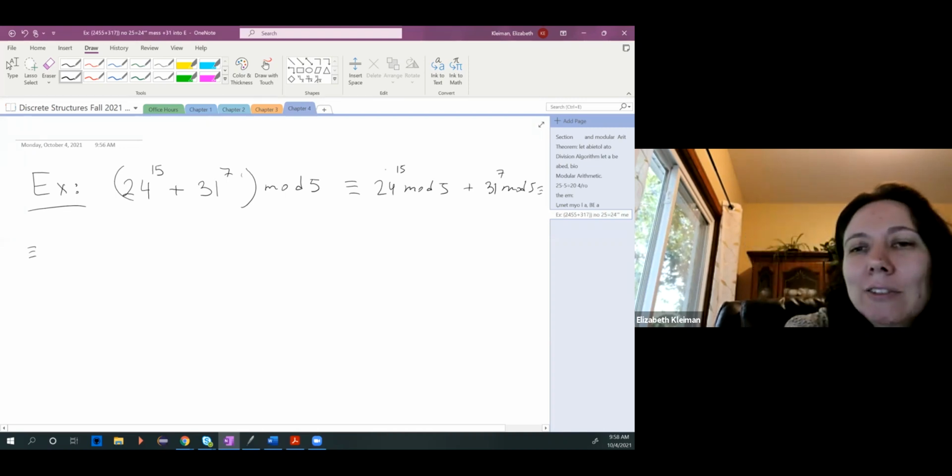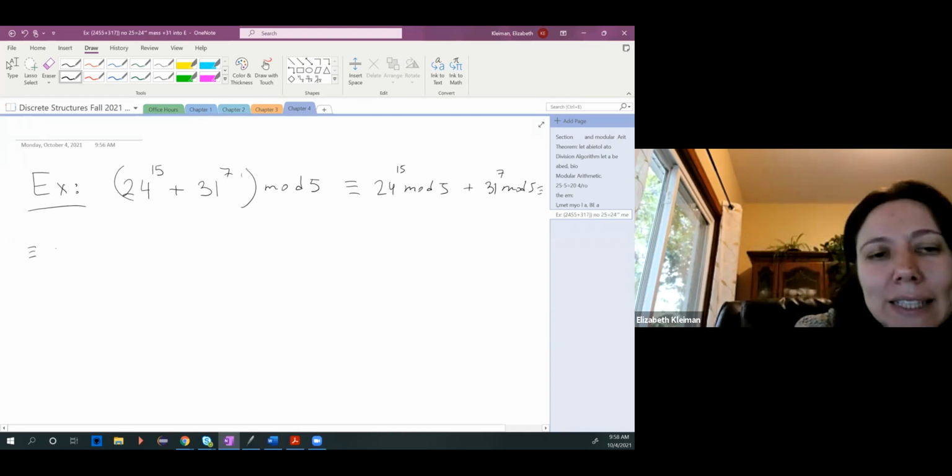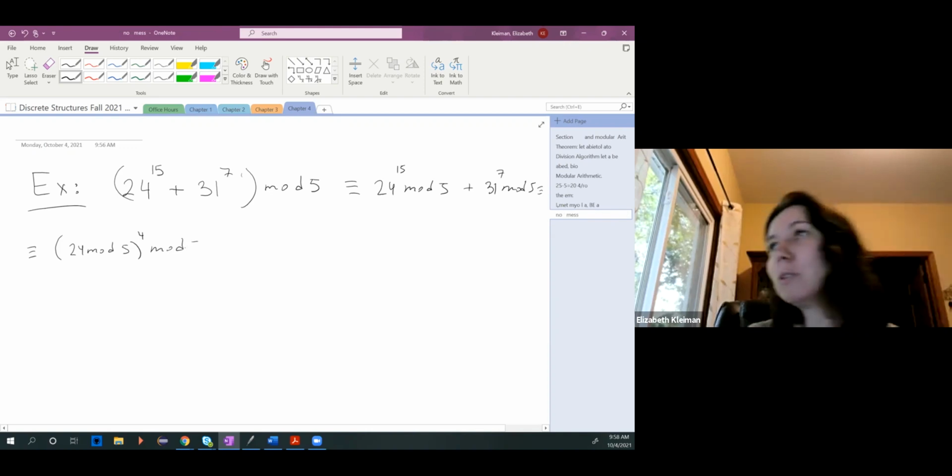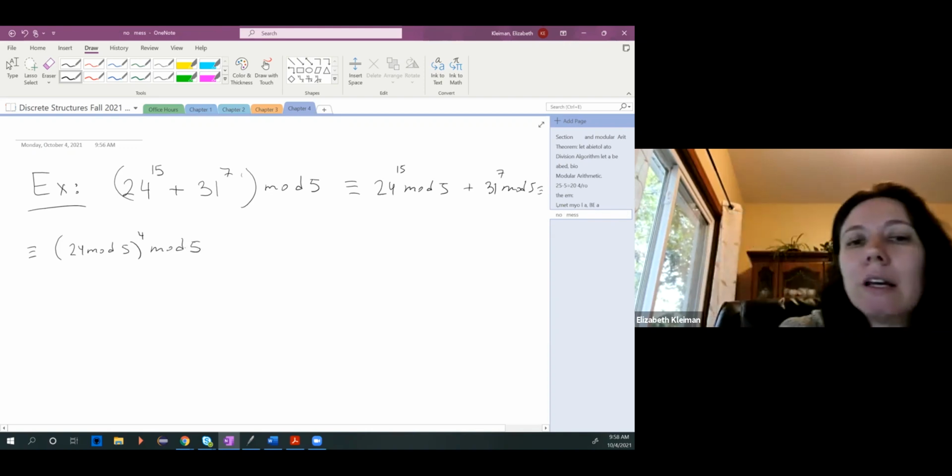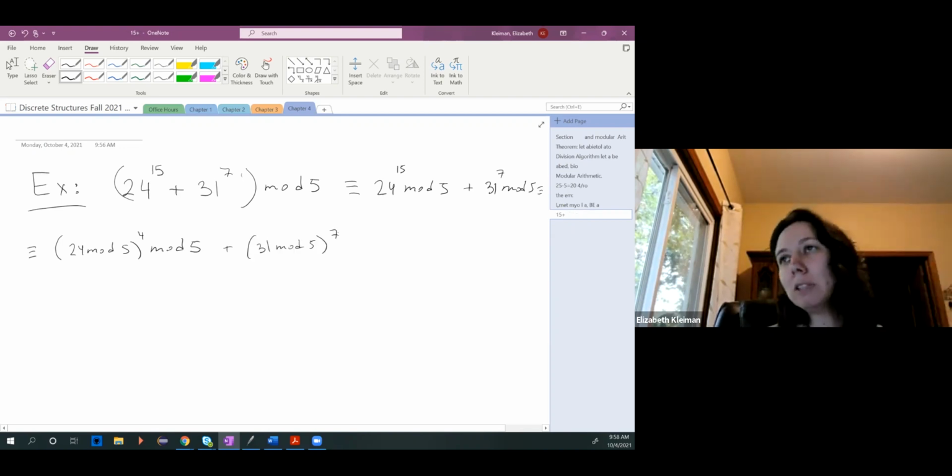Then I can kind of take the 15 out of my parentheses. I can really say that it's 24 mod 5, and then I take the power. I still need to remember to do mod 5 after. And then similarly over here, the same as 31 mod 5, and then taking it to the power 7.